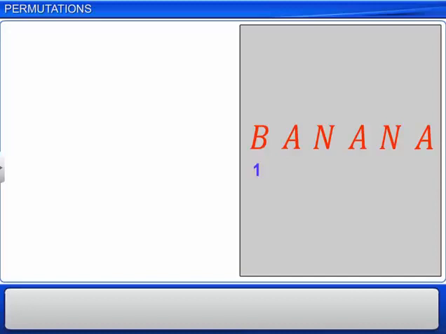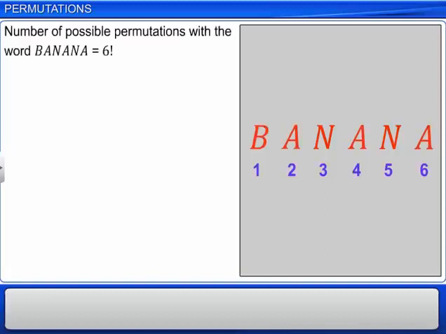In the word banana, there are 6 letters. The letter A repeats thrice, while the letter N repeats twice. The number of permutations possible with the word banana is 6 factorial. Since the letter A repeats thrice, 3 factorial permutations resemble each other.